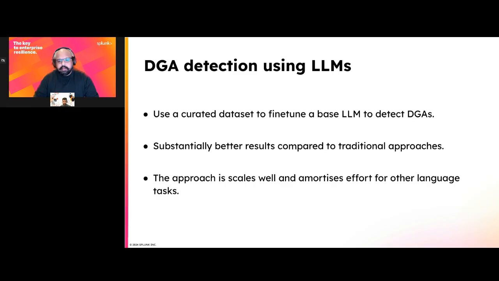This approach comes at very limited changes to the LLM, but also provides us with quite a few benefits. It allows us to amortize the work that we spend on creating the model and the architecture, as we can point it towards another task, which is different but similar, as in text-based. Then we can detect other malicious activities for that data set.